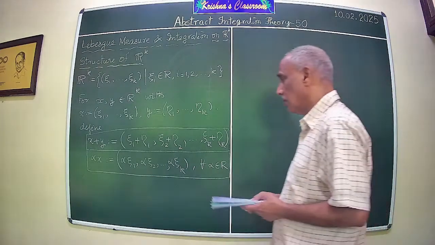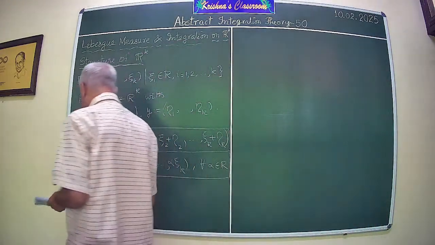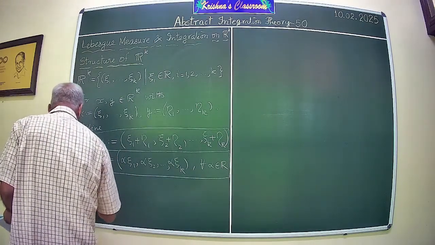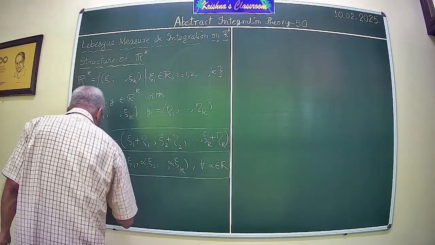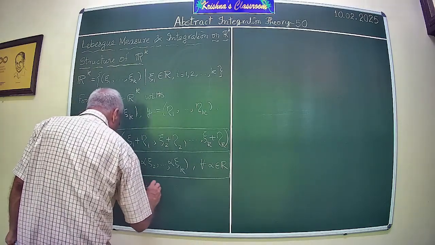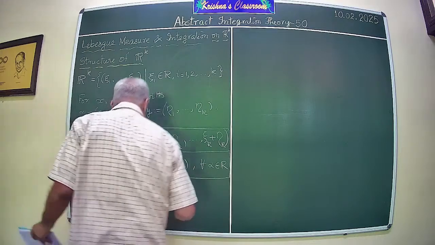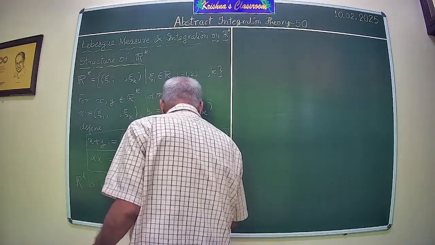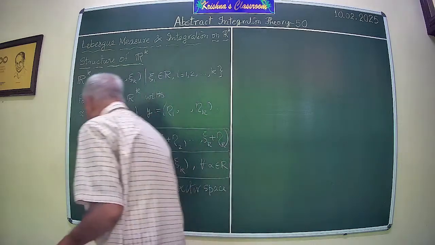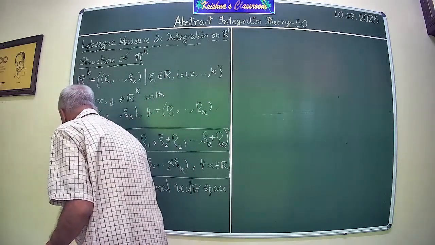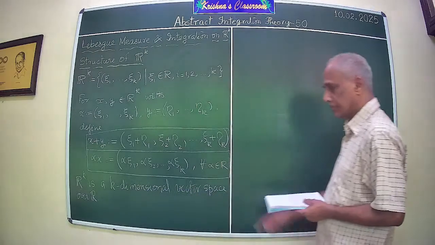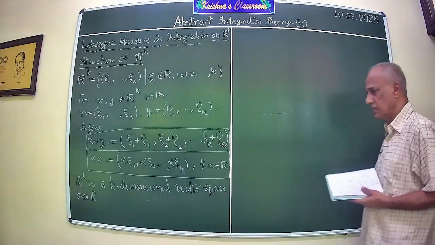So then with this addition and scalar multiplication, R^k is a k-dimensional vector space over R. It is a very heavily loaded statement.